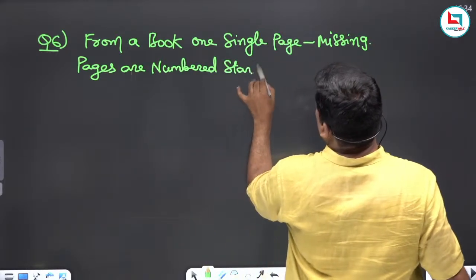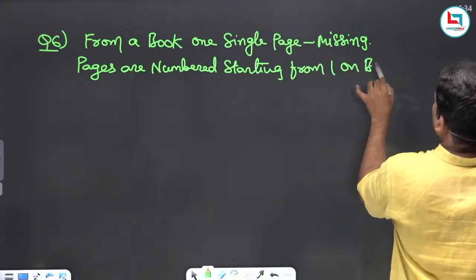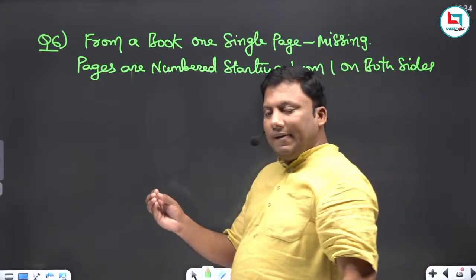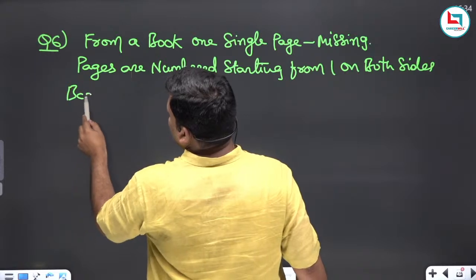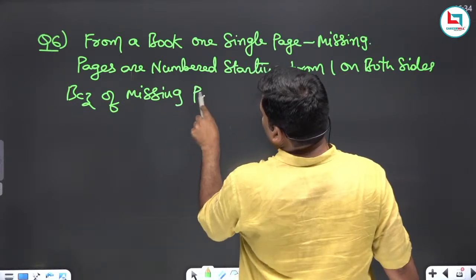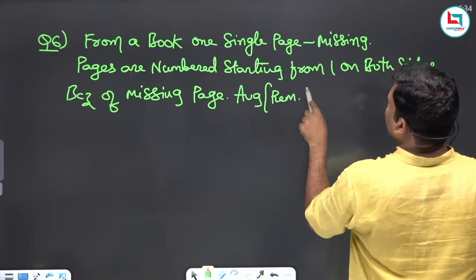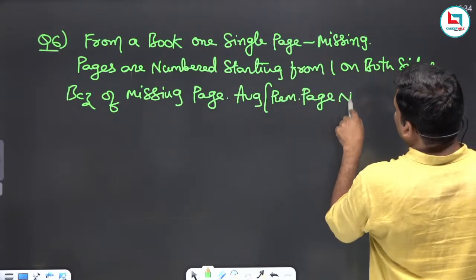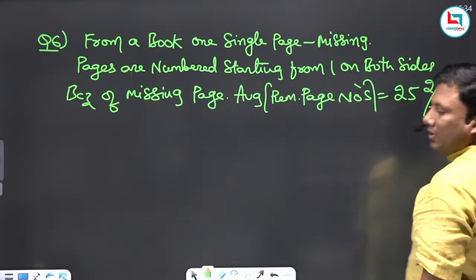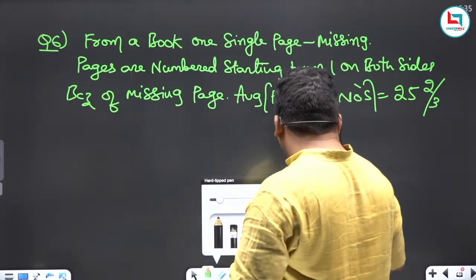Because of the missing page, the average of the remaining page numbers was found to be 25 2 by 3.